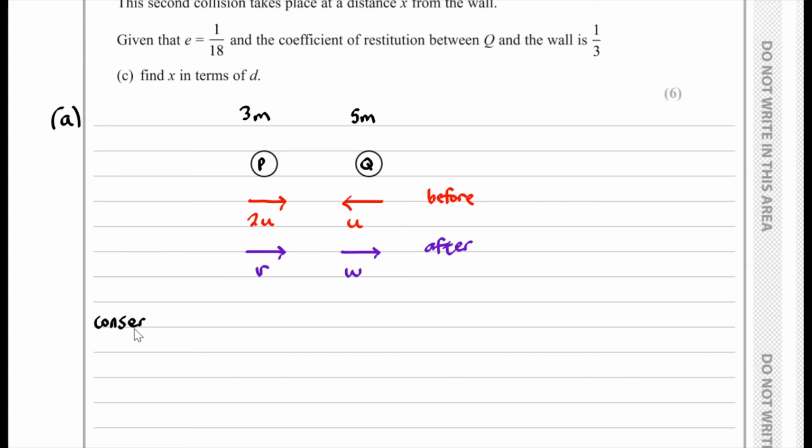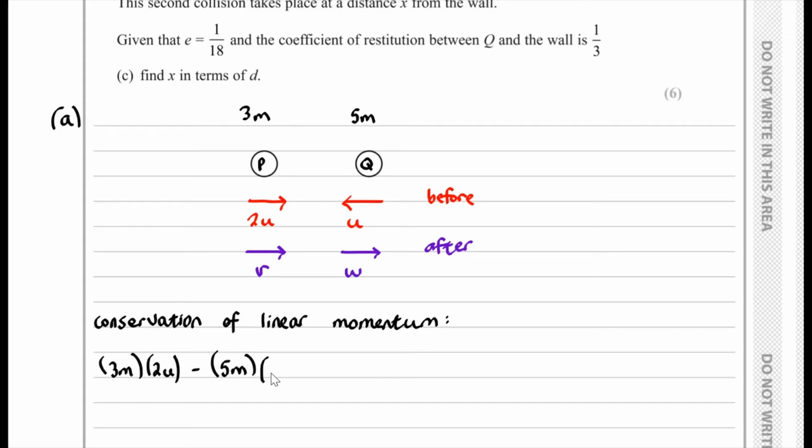If we use conservation of linear momentum, we have 3m multiplied by 2u, and then we have minus because Q moves towards the left, so we have 5m multiplied by u, and this is equal to 3m multiplied by v plus 5m multiplied by w.